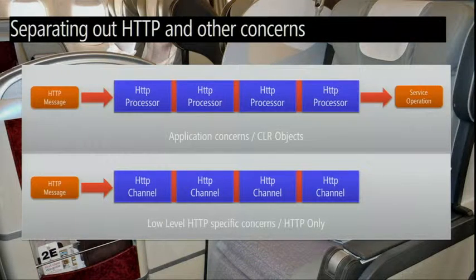We have this concept which is currently called processors, and processors address application-level concerns. I may want to look at a message, like model binding in MVC, parse headers, look at the URI, and manufacture objects that become parameters to the operation. For example, I may be taking a JSON representation and turning it into a contact, as in the example we showed.